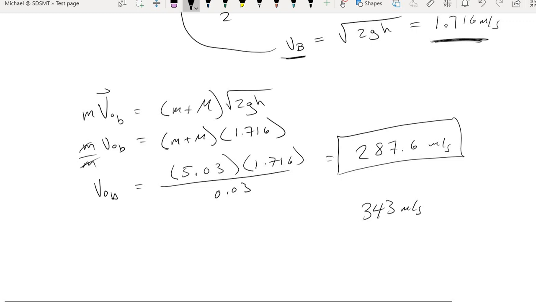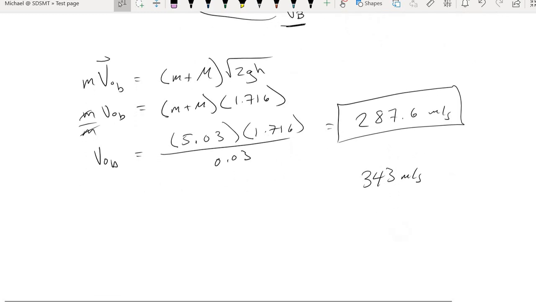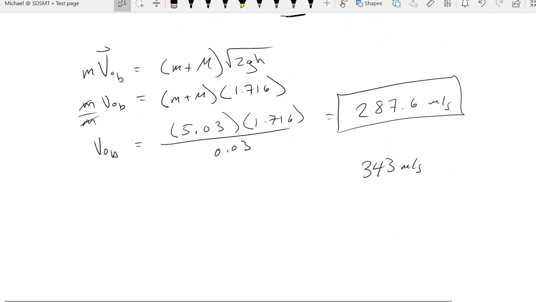And in case you're wondering, are there bullets that can exceed the speed of sound? Yes, there are. To do that would require a little bit of additional engineering into the system, but there are definitely forms of ammunition that can exceed the speed of sound.